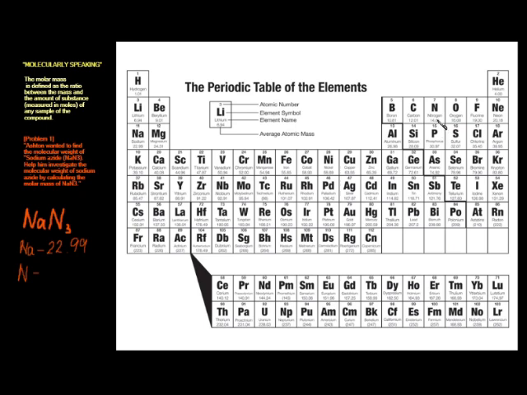The mass of nitrogen is 14.01, and we have to ask, how many atoms of nitrogen do we have in that formula? It's pretty easy. This subscript 3 tells us that we have 3 atoms of nitrogen.